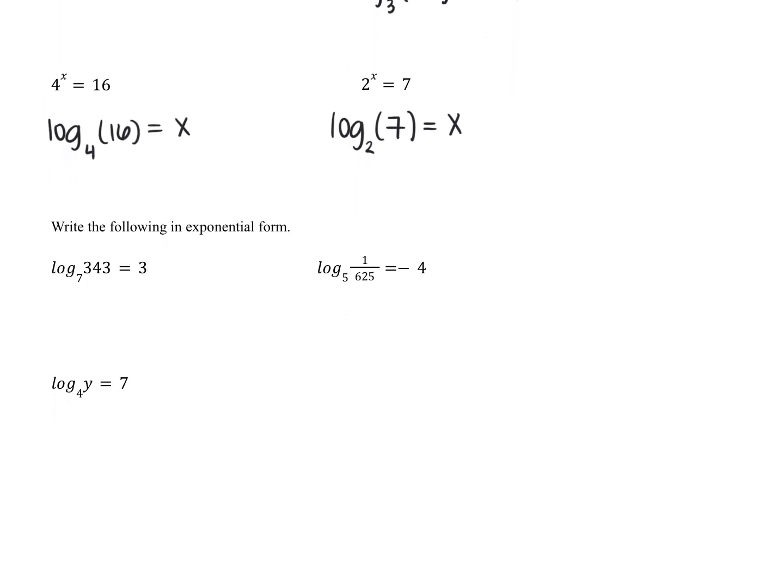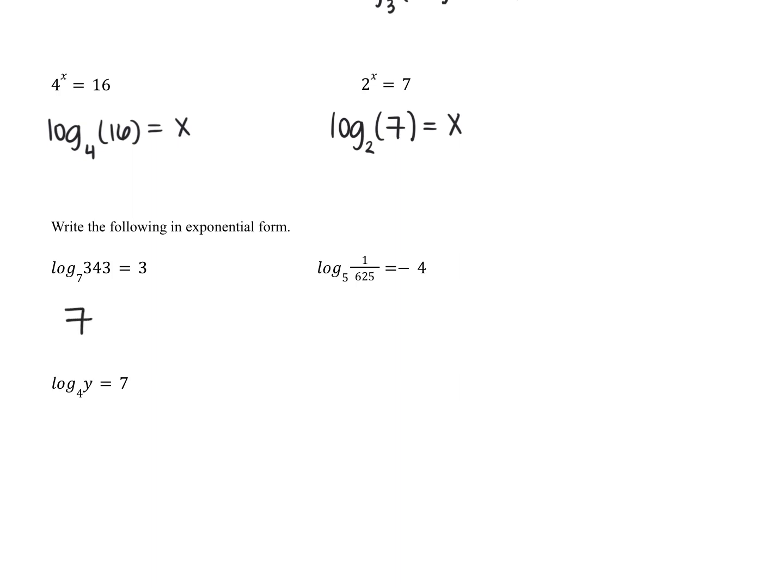Next, we're going to talk about how to go from logarithmic form to exponential form. We're not only going to use logarithms to solve exponential equations, but we can use exponentials to solve logarithmic equations. So I have log base 7 of 343 equals 3. The base of the logarithm becomes the base of your exponential equation, 7.